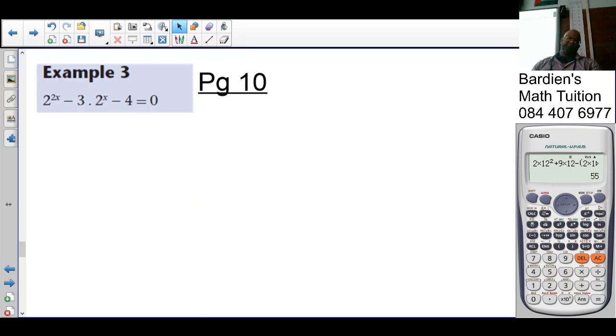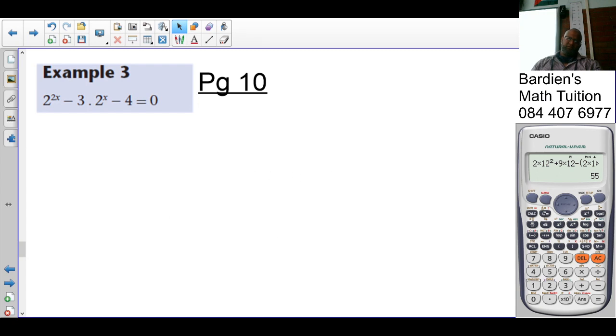Like the sum down. So what's the difference between this equation and the equation that we dealt with yesterday?